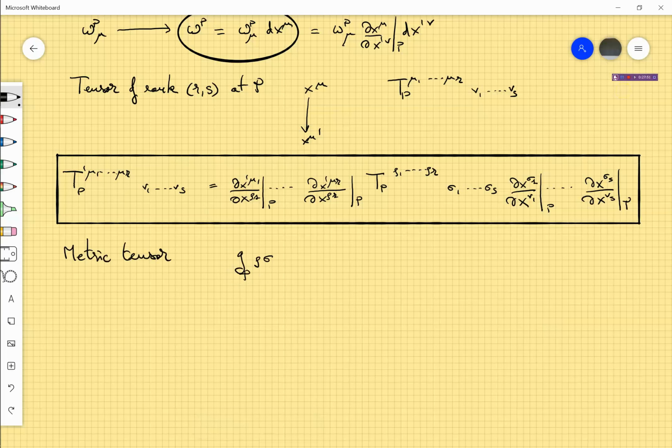These are just labels for the components, and what matters is that when you go from x to x prime, this object transforms in this way. Beta, sorry, the primes are here, x sigma prime. Okay, and it is always evaluated at p.